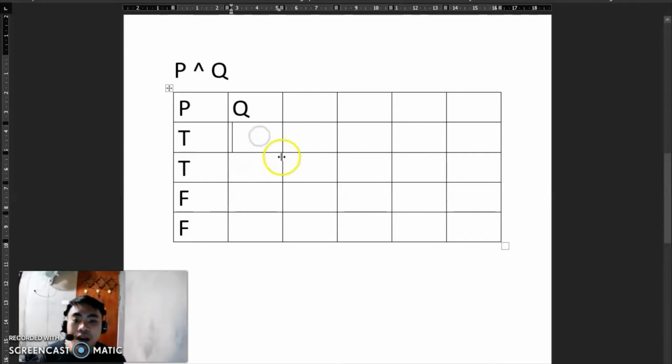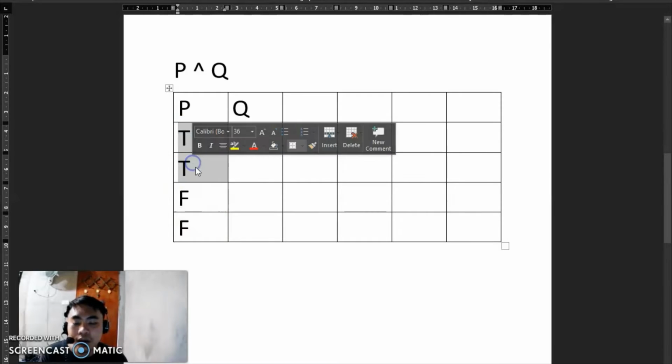Next, we have Q. Sir, kung dito po, true, true, false, false, paano naman po yung sunod na elements ng Q, ng another letter? So, dito po, pagdating dito sa letter Q, ang gagawin po natin, i-divide natin by 2 ang kanilang elements. Pero, since apat pa rin po sila, mag-alternate lang po tayo.